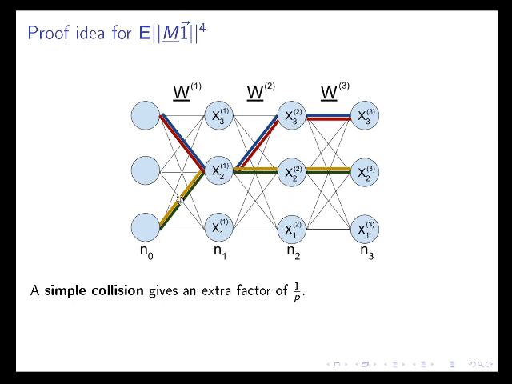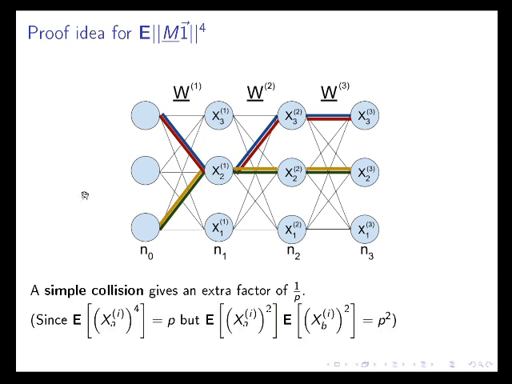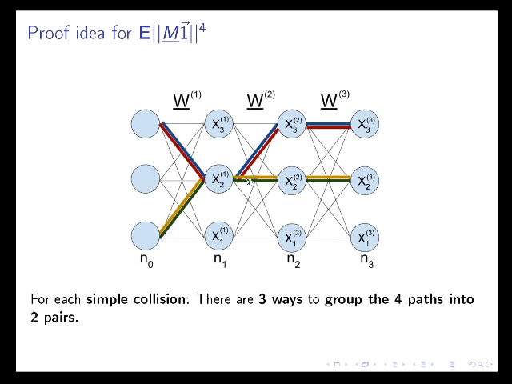And when that happens, first of all, you get an extra factor of 1 over p. That's because we're only covering 1 Bernoulli here instead of 2. But then the other thing that can happen that's really interesting is that the paths can split themselves in a number of different ways. So there are 3 ways to group these 4 paths into 2 pairs. There's the way they're coming out like here with the red and the blue together and the yellow and green together.